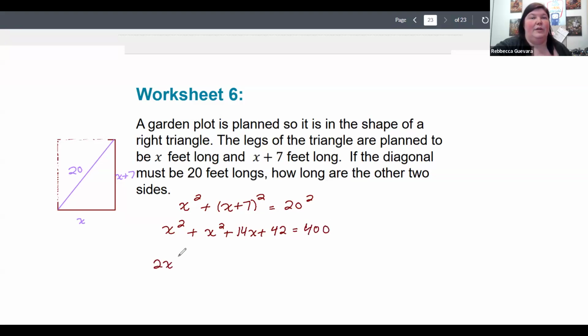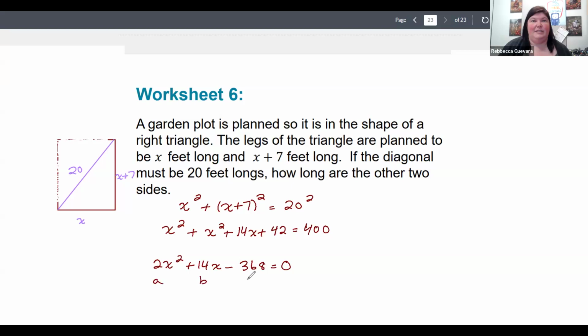Which means we have 2x squared plus 14x. And if I subtract, 400 minus 32, negative 368.